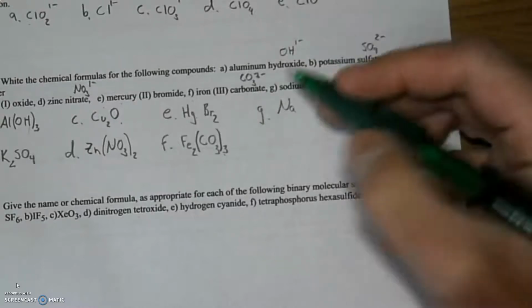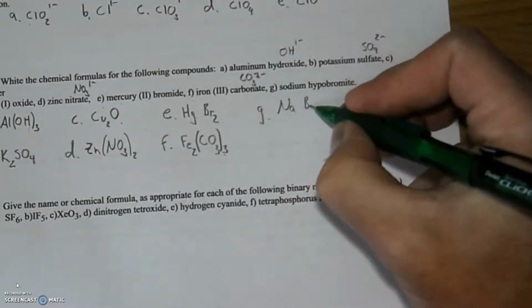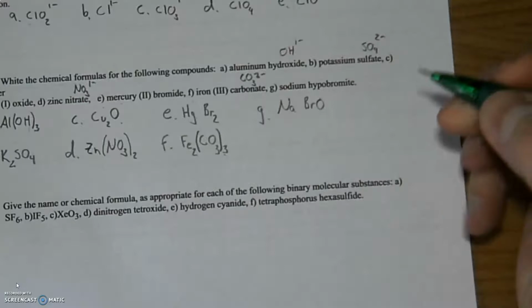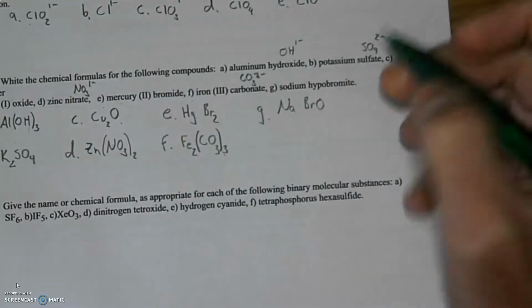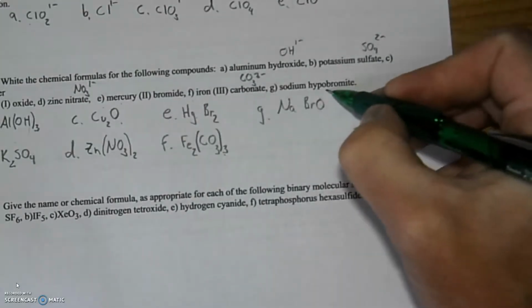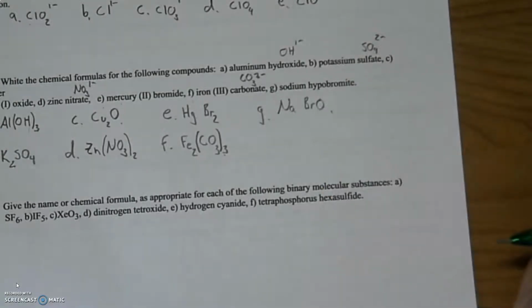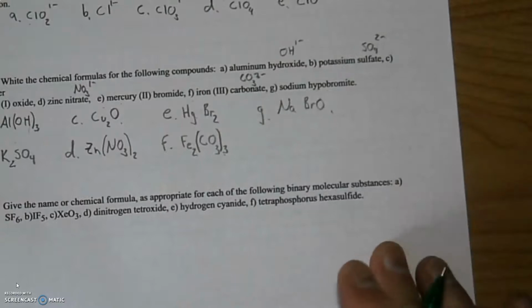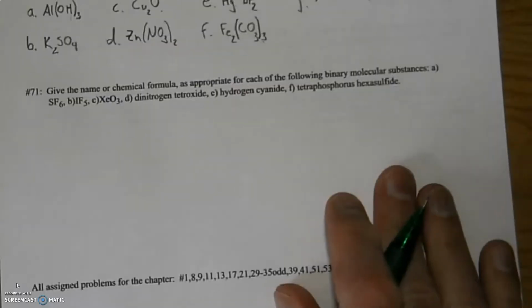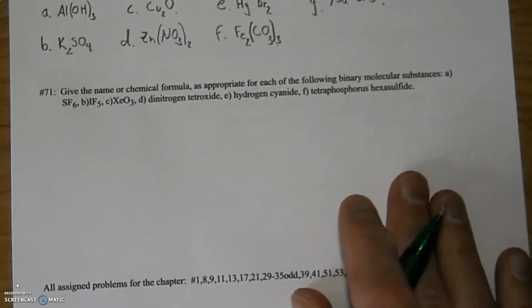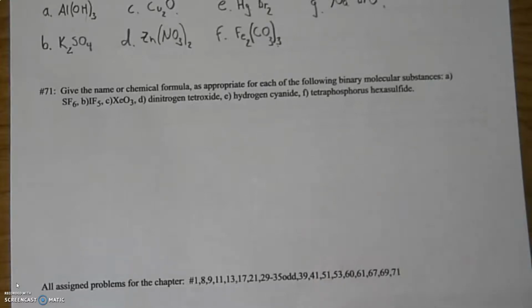Hypobromite, same idea, same family, it acts the same, it looks the same. So BrO, 1 minus, don't worry about it. Sodium, don't worry about it. Done.